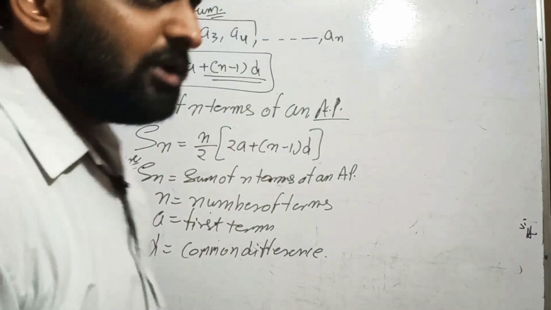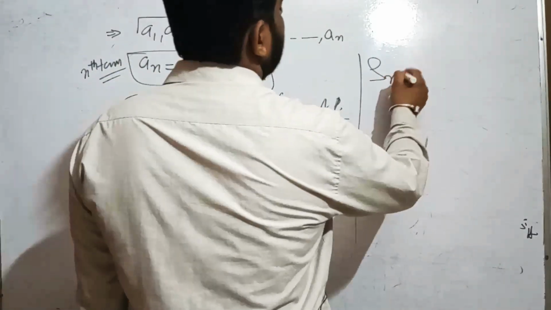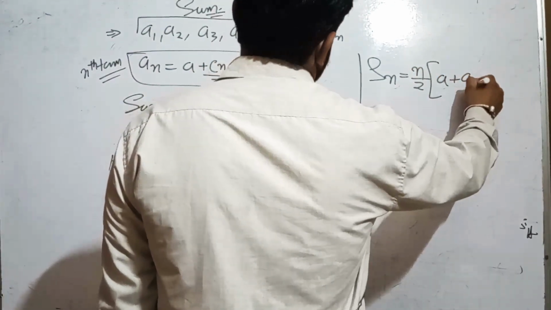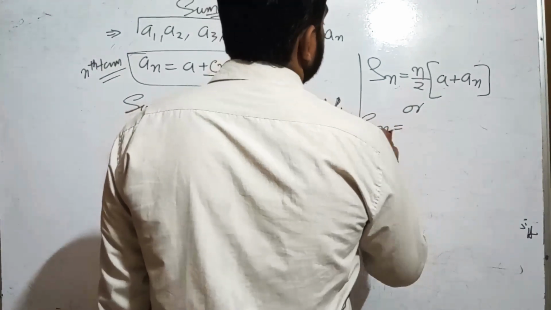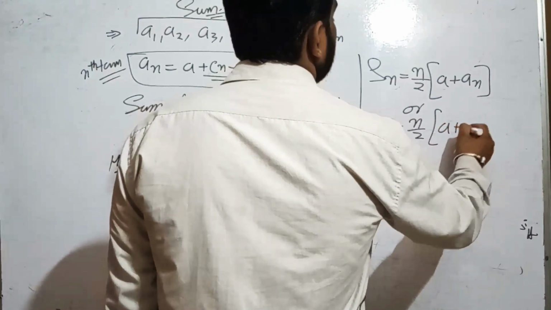But there is another formula: the sum of n terms of an AP is given as n upon 2 into a plus an, or we can write it as n upon 2 into a plus l.